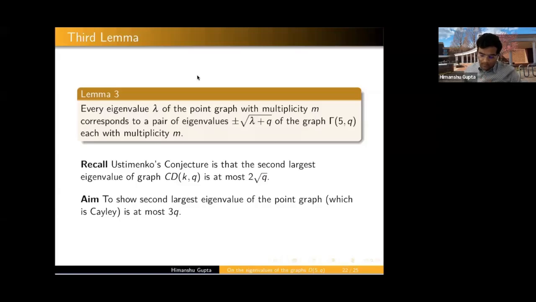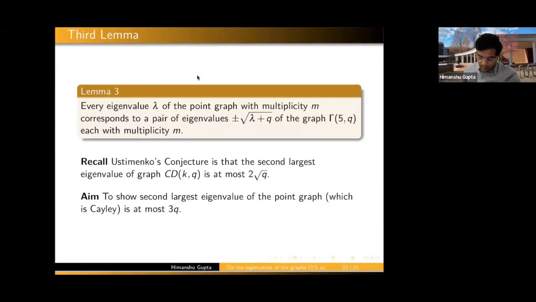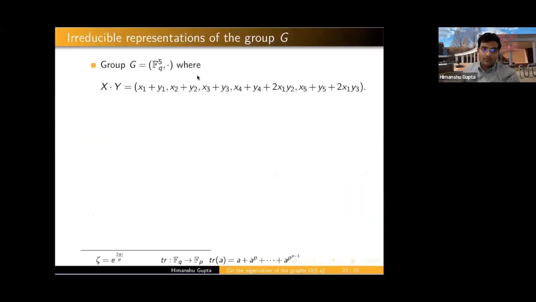So we want to show that the second largest eigenvalue of the Cayley graph is at most 3q. That's what we have so far. Now, coming back to the representation theory and the technical part. We have the group G, whose operation is written here.